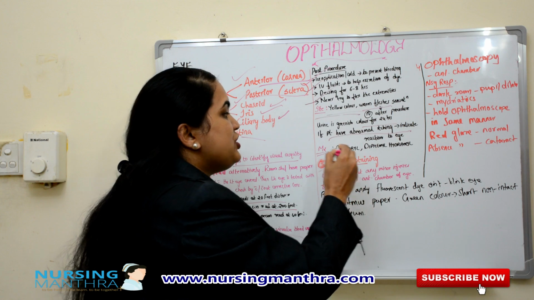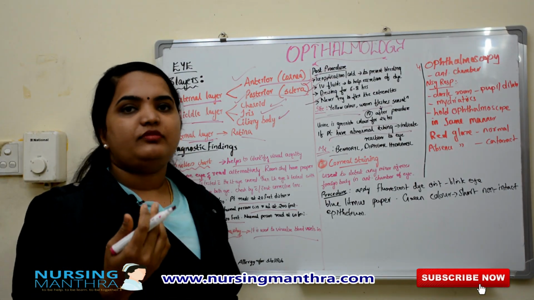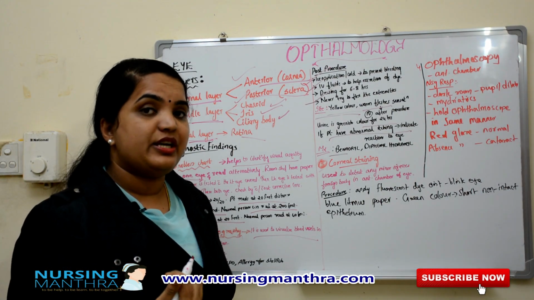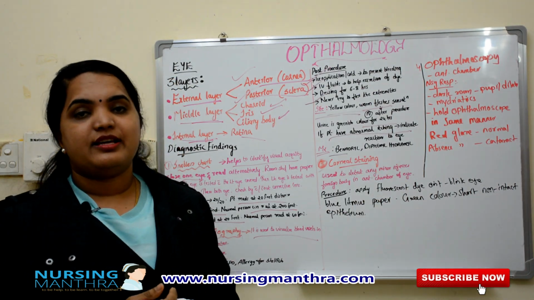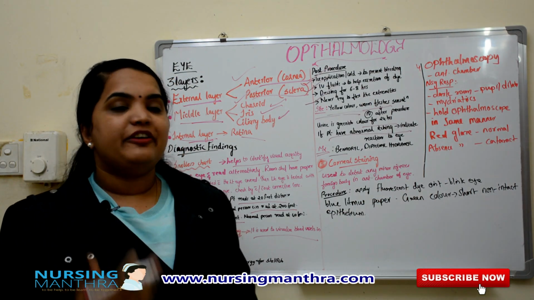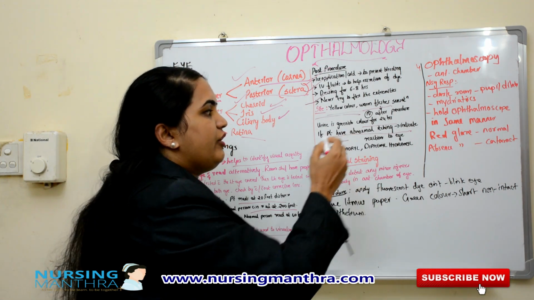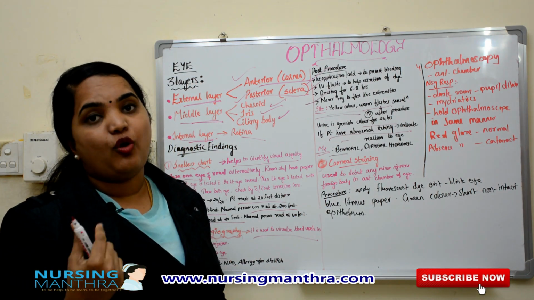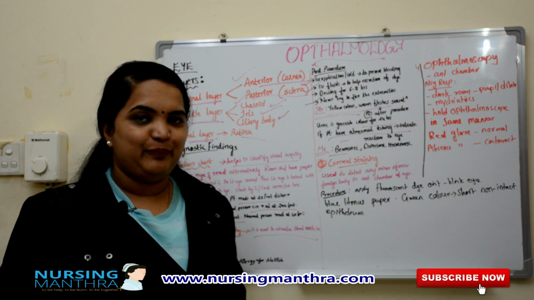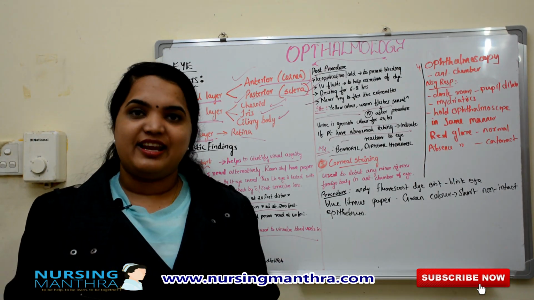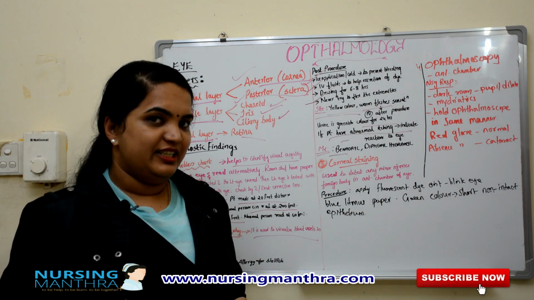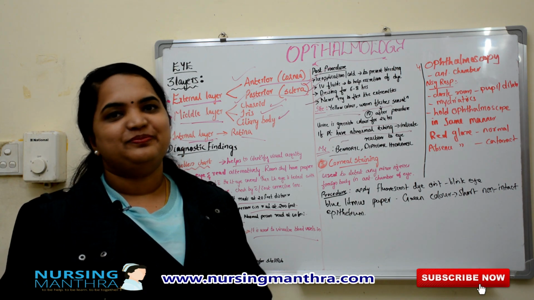And for the management of itching, the reaction to the contrast, we give Benadryl, diphenhydramine. These are the medications we give for abnormal itching in the eyes following the fluorescein angiography. I hope you understood up to here regarding the Snellen chart and fluorescein angiography.